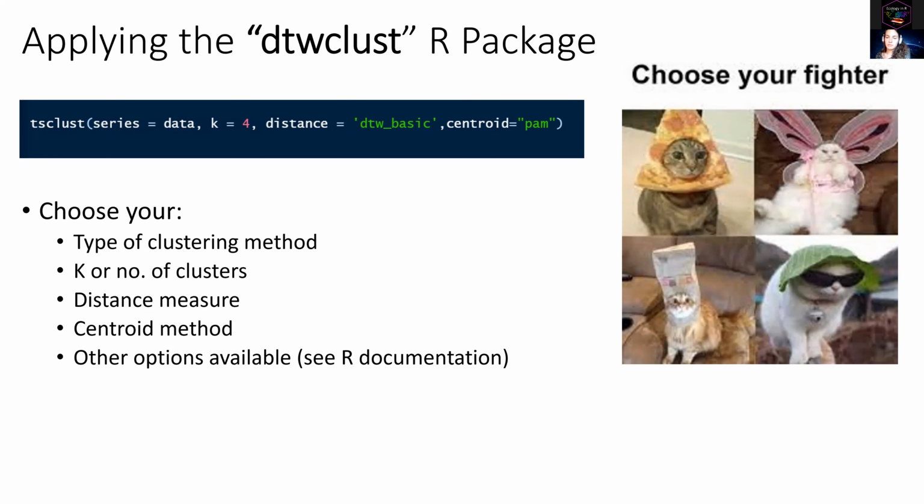You can also have a fuzzy clustering method. Fuzzy clustering creates a soft partitioning of the data into clusters, so each time series is going to be put into a particular cluster to a degree.